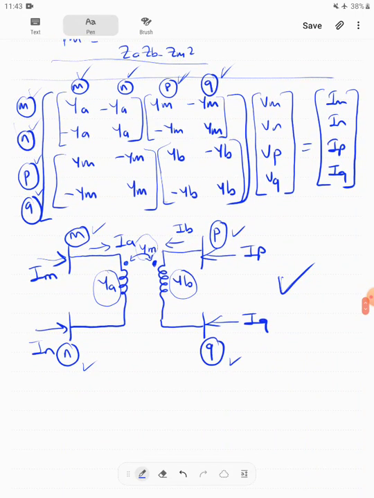Here, this dot is near bus M, so M is written before bus N.